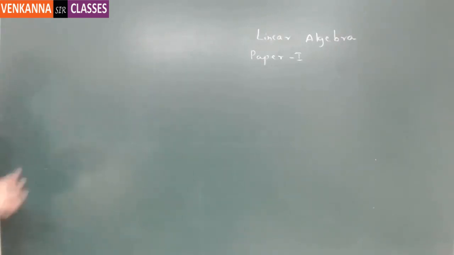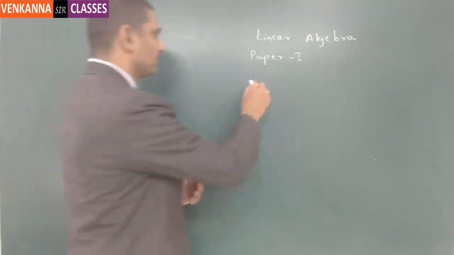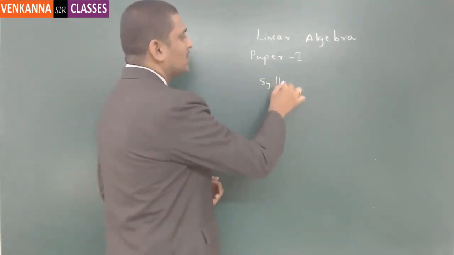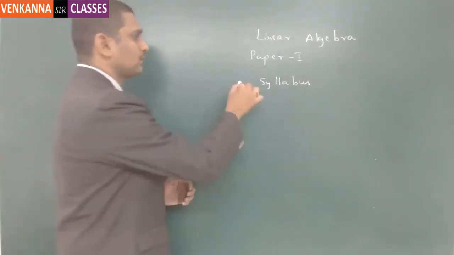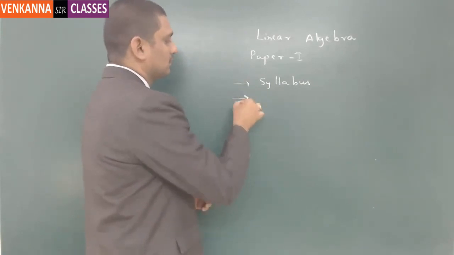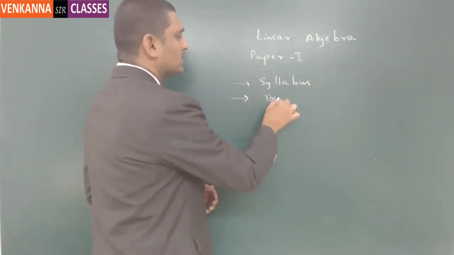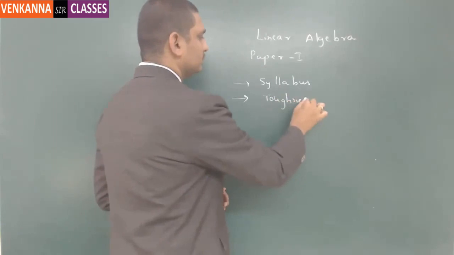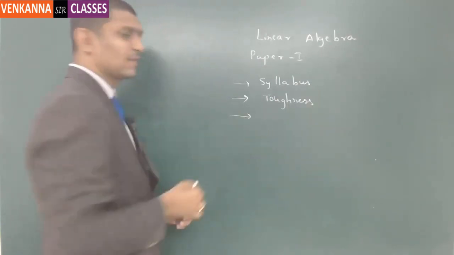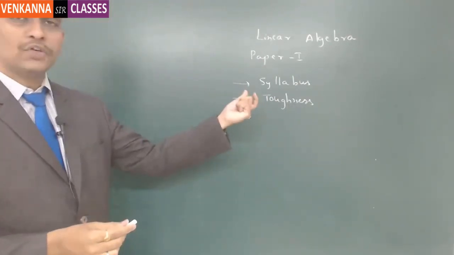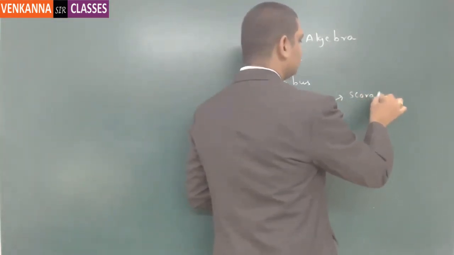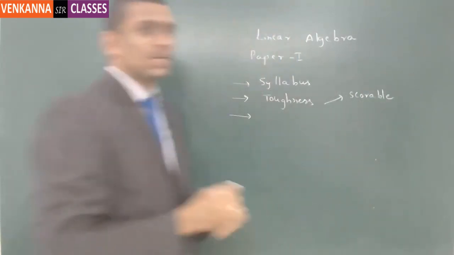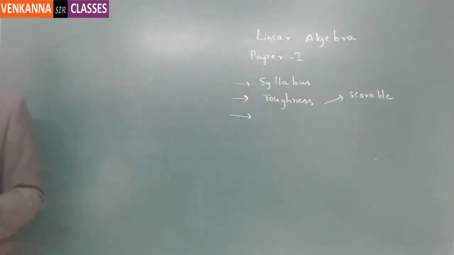Right? So the usual doubts or questions with regard to linear algebra are: what is the syllabus? I am going to write it later. Then, what about the toughness of this topic? From this point of view, you can expect to know whether it is scoreable or not from the examination point of view.